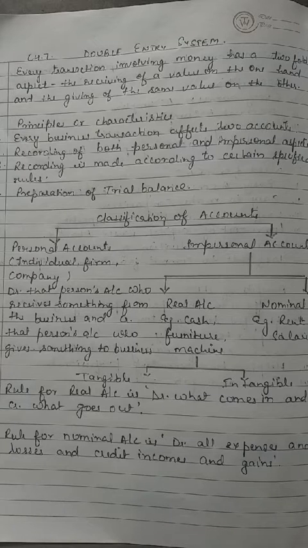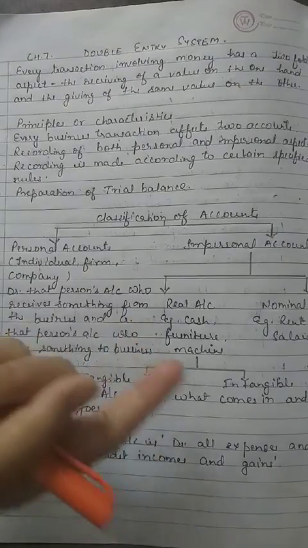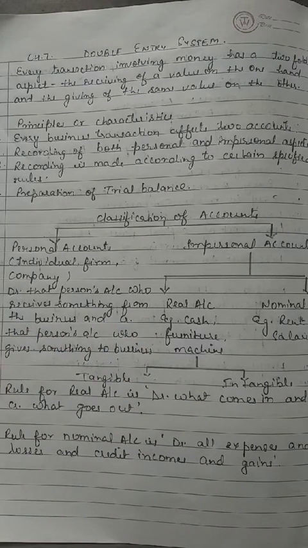Then we need to classify the items or any transaction on the basis of personal and impersonal, and accordingly we need to classify them as real account and nominal account also. What are the things that will lie in real and what are the things that will lie in nominal. And then the most important, we need to know the rule regarding that particular account. For personal account, what is the rule? Okay, then for real account, what is the rule? Then for nominal account, what are the rules?